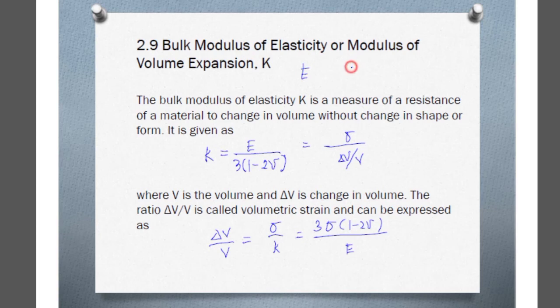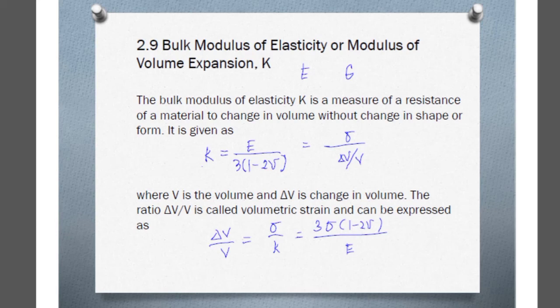Then, lately, we have the modulus of rigidity. Now, here, in the volume expansion naman, we have the K, which is the bulk modulus of elasticity. Now, this is the measure of the resistance of the material to change in volume without the change in shape or form. So, nag-change yung volume niya, pero yung shape and form niya ay hindi nagbabago.